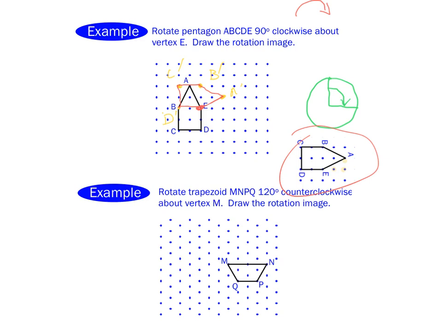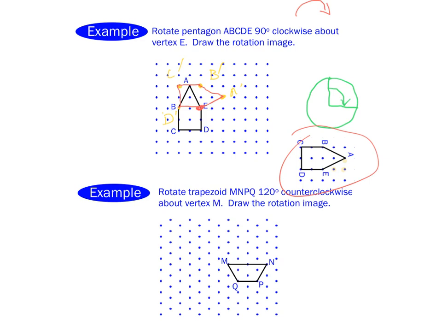Now our next example is we're going to rotate trapezoid MNPQ 120 degrees counterclockwise about vertex M. Draw the rotation image. Now instead of having just grid paper here, we have isometric paper here.